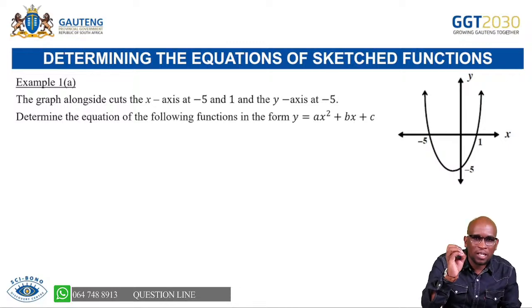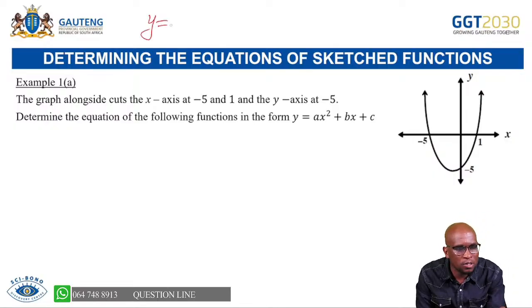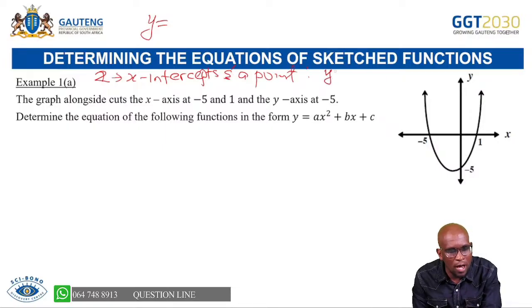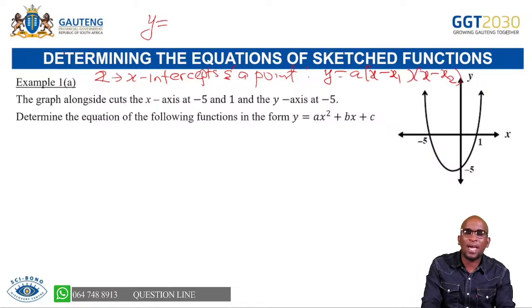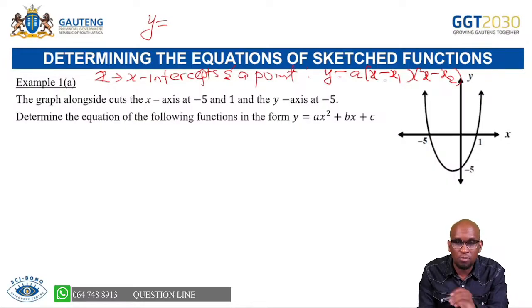If you are given two x-intercepts and a point, you should use y equals a into x minus x1 multiplied by x minus x2, where x1 and x2 represent those x-intercepts, and then you will substitute the point to get the value of a.